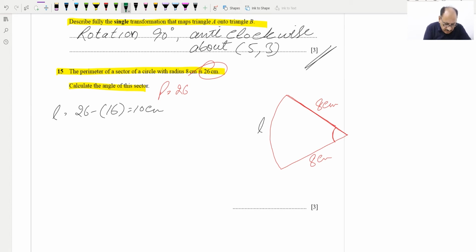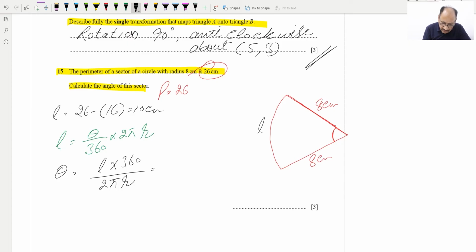And we know the formula that the sector length is equal to theta over 360 into 2 pi r. And we can make theta as subject. So theta is equal to L into 360 divided by 2 pi r.